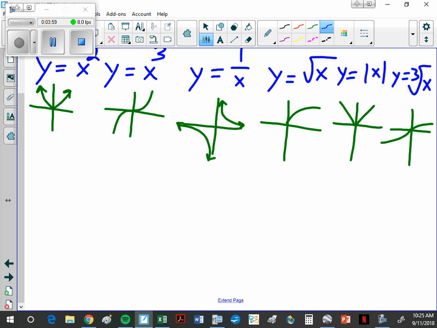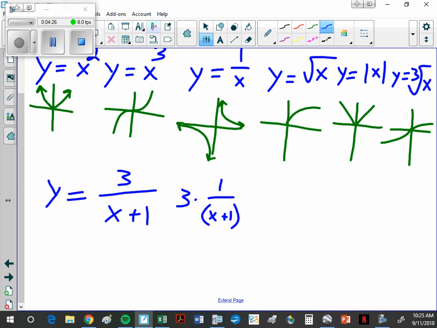Okay. What about y equals 3 over x plus 1? This one's a little bit tricky. Okay. I'm going to change it so it says 3 times 1 over x plus 1.